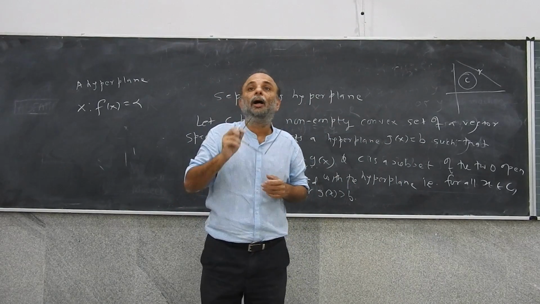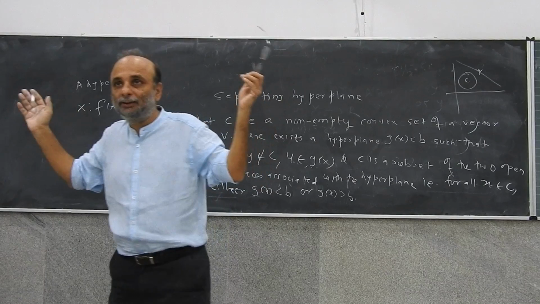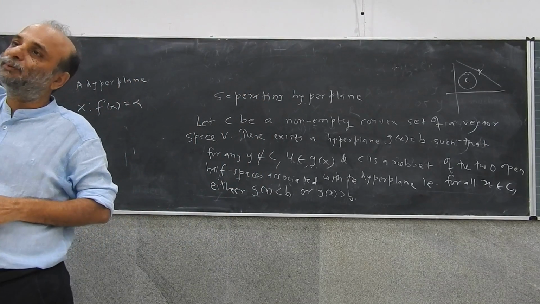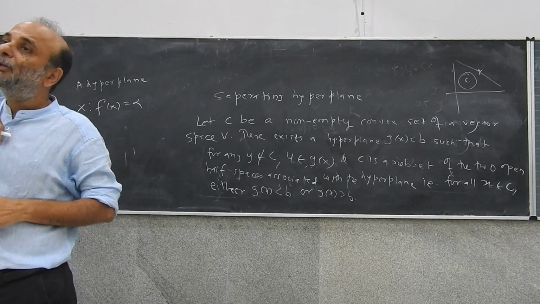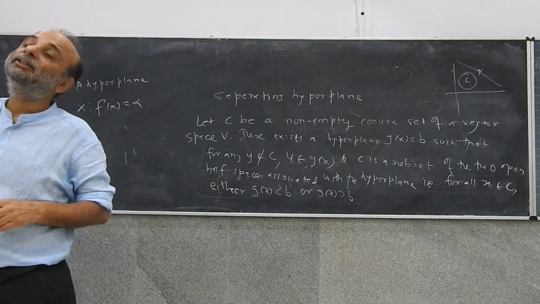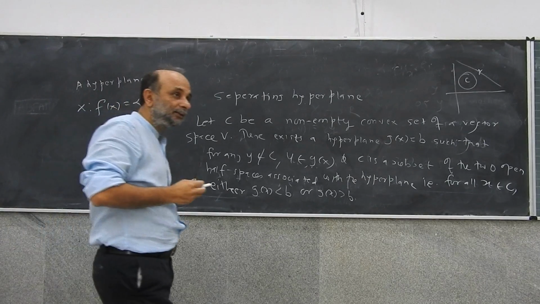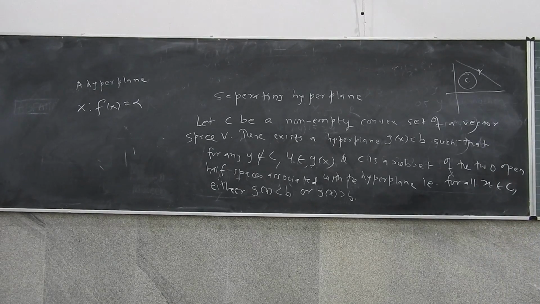Sir, can you please explain this again? Yeah. So, think of a vector space. Think of a convex subset of this vector space, call it C. And think of some element Y which does not belong to C. Then the separating hyperplane theorem says that there will always exist a hyperplane which will contain Y, such that G of Y is equal to some constant.